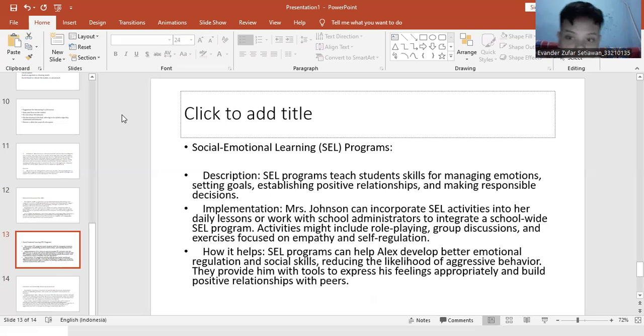Activities might include role playing, group discussion, and exercises focused on empathy and self-regulation. How it helps: SEL programs can help develop emotional regulation and social skills, reducing the likelihood of aggressive behavior. They provide him with tools to express his feelings appropriately and build positive relationships with his peers.